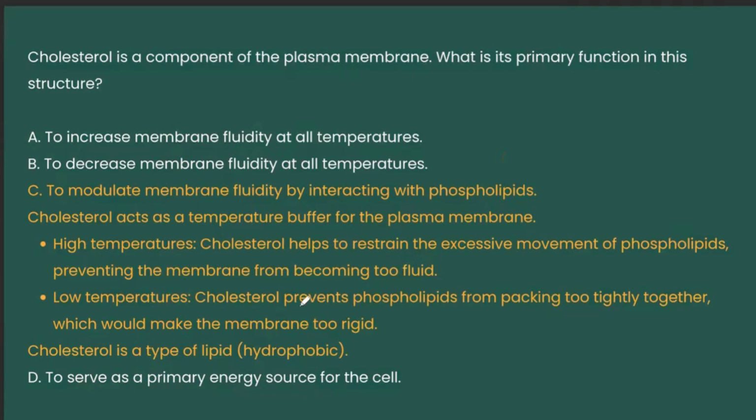You might be thinking, what do you mean? We talked about cholesterol, but we did not talk about high or low temperature. And you are correct. But if you remember when we talked about the macromolecules it's associated with, cholesterol has to interact differently with high and low temperatures. It's a type of lipid that is hydrophobic, so it's water-fearing.